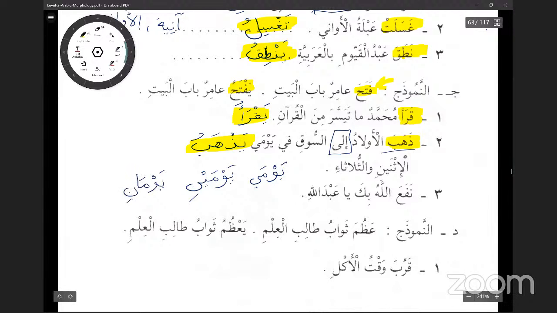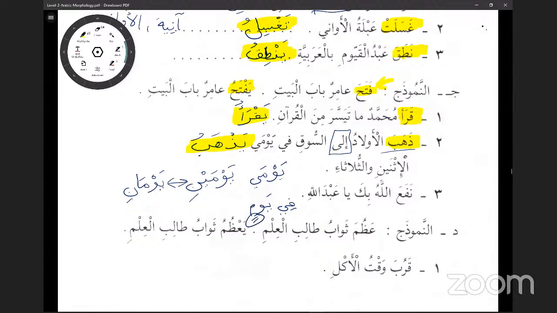Yawmani or yawmayni. Yawmani is the original form. So yawm is 1 day, yawmani is 2 days. But if we were to say fi 1 day, we would say fi yawmin, with a kasra, because of the fi.